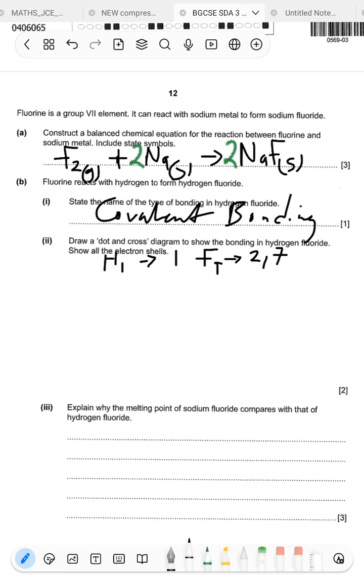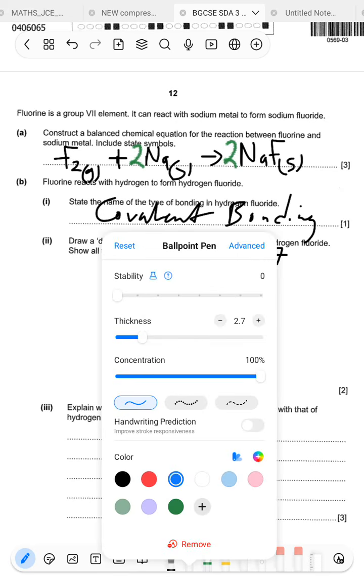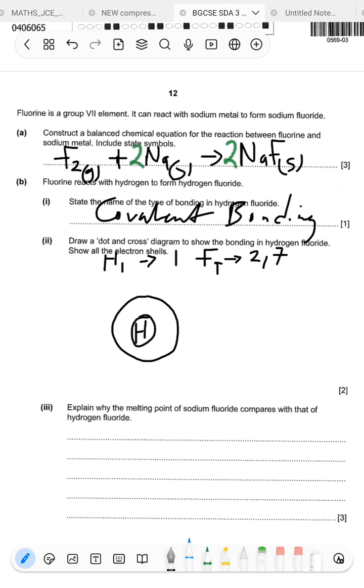All right, so let's draw the cross and dot diagram. We'll start with the nucleus, H, to acknowledge the nucleus, and then 1 ring there. Then for fluorine, F, the first shell has 2 electrons. So I'm going to choose crosses for fluorine, and then the shared pair: hydrogen brings 1, and fluorine brings 1.